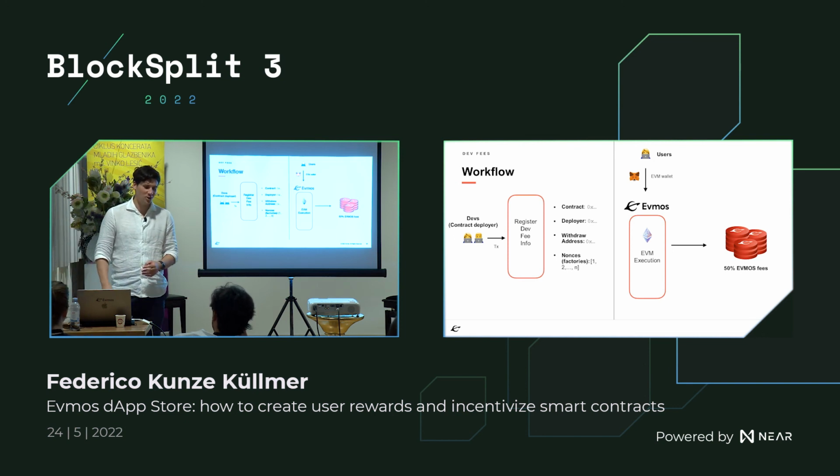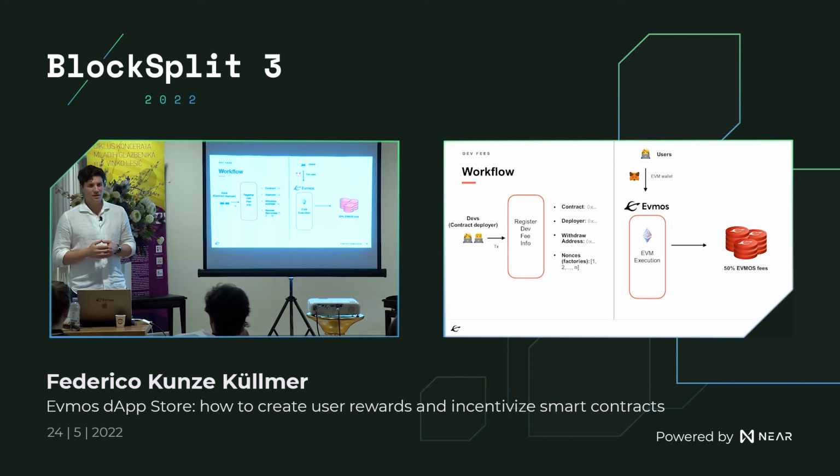We get that a lot, like what if you spam a contract in order to get all the incentives? But we thought about that and we decided to cap the gains. It's a protocol parameter.